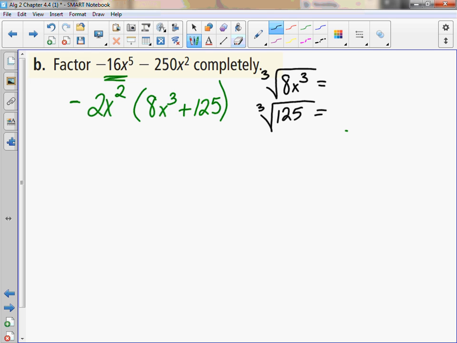Now, the cubed root of 8 is 2. Cubed root of x cubed is x. And what's the cubed root of 125? 5. The cubed root of 125 would be 5.